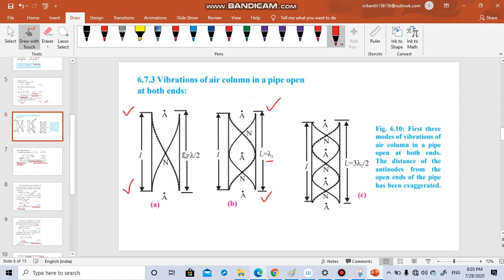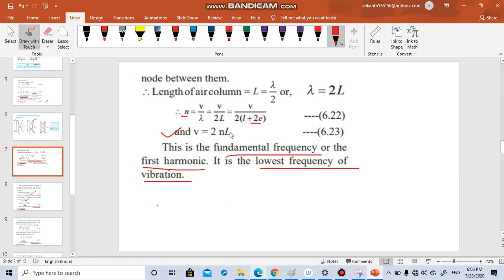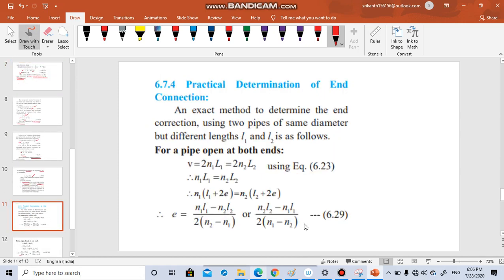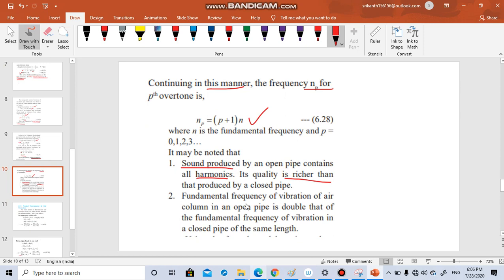See here, this is the first case, right? So here it is how much? V by 2L. So it is double. That is what he is mentioning. Fundamental frequency of vibration in open pipe is double that of the closed pipe scenario.